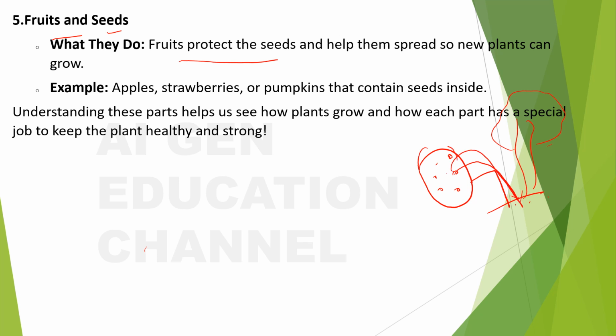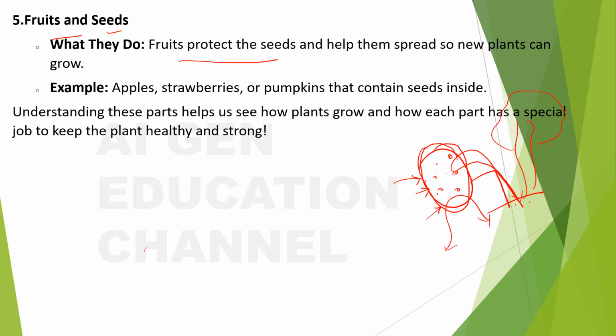So to protect them, the fruit helps. The fruit is a bit bigger, right? It can hold the seeds together. So the fruit's job is to hold the seeds, and when it gets dropped or dispersed in some manner, the seeds will fall into the soil and grow into a new plant.